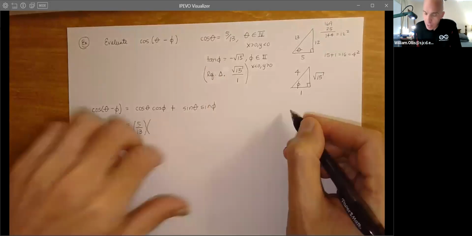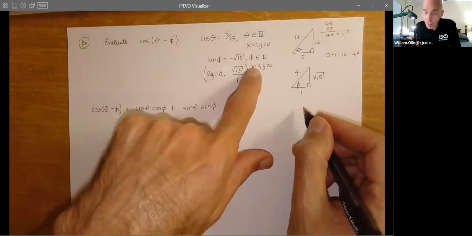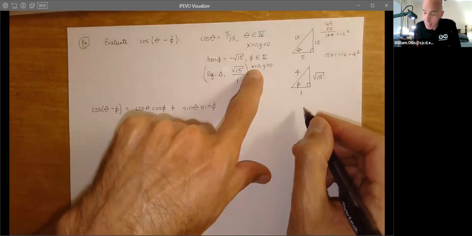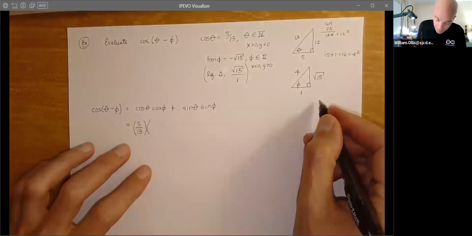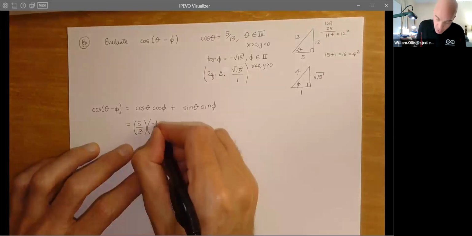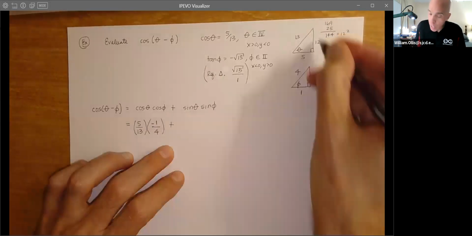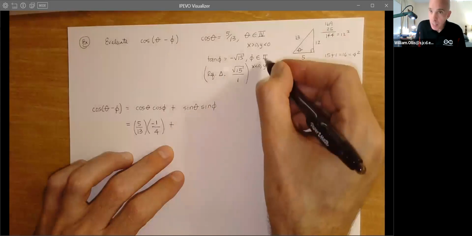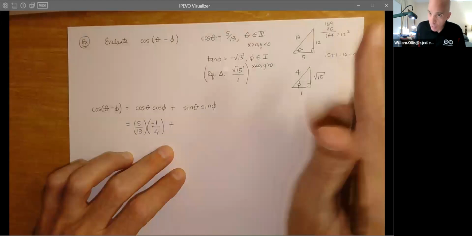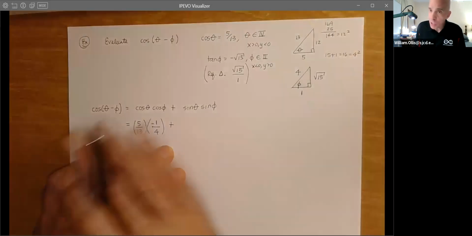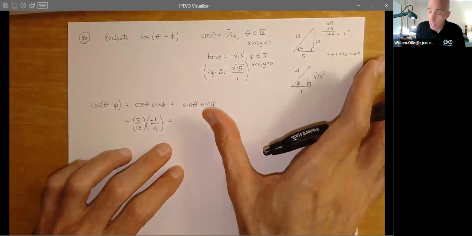And now over here we need cosine of phi, but remember the cosine's negative because x is negative, and this would be negative 1 over 4, or just negative 1/4. Do your reference triangle and then write your arithmetic here. This is how I've taught you. Again, this is better mathematics.